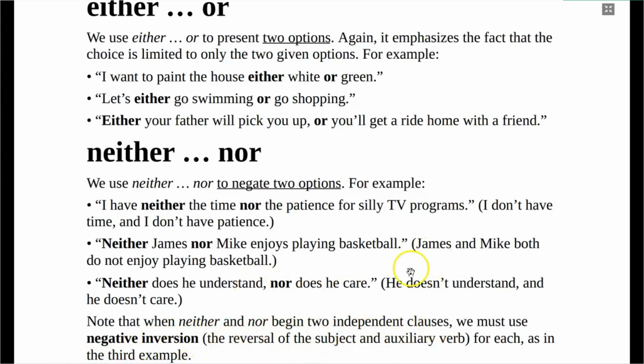That is, you reverse, like the third example. Neither does he understand nor does he care. You don't say neither does he understand nor he does care. No, you are going to swap, reverse the subject and auxiliary verb.